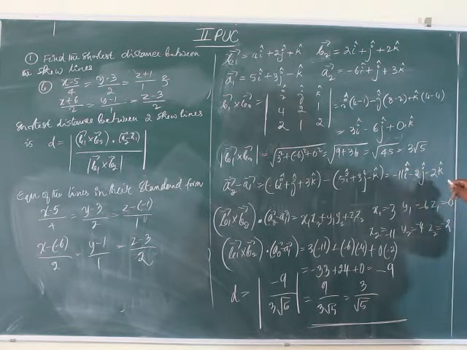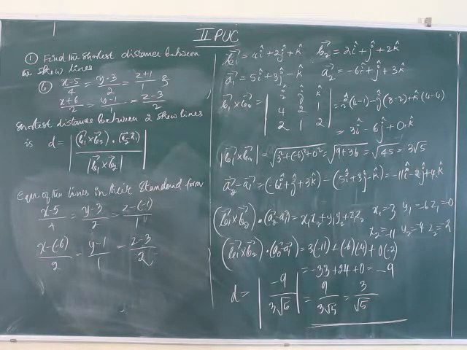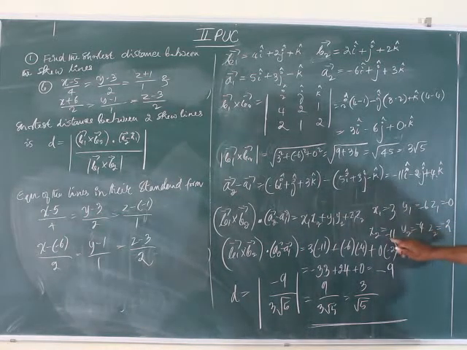3 minus of minus 4. So A2 minus A1 is minus 11, minus 2, 4.